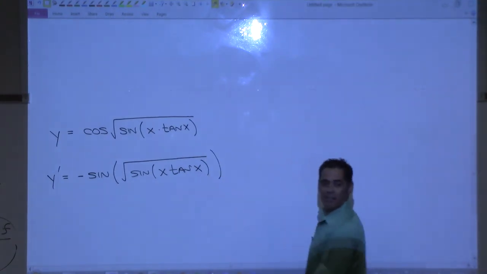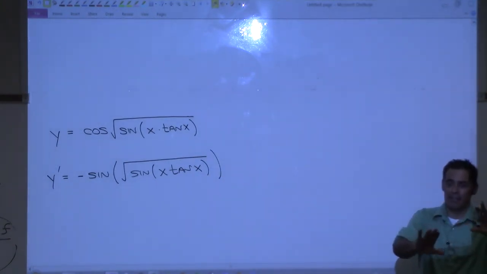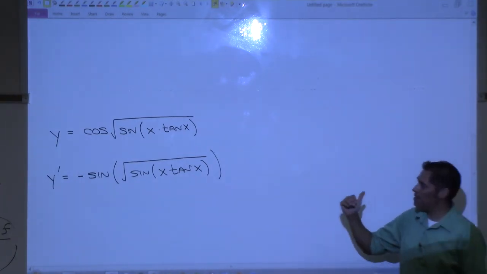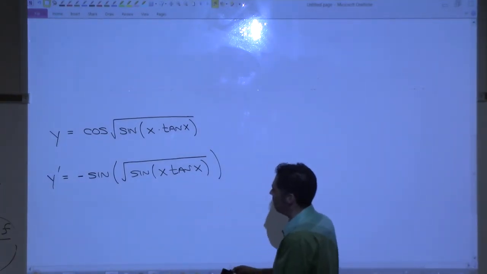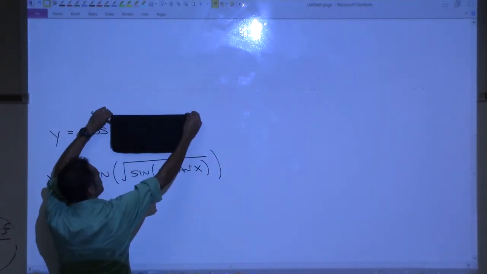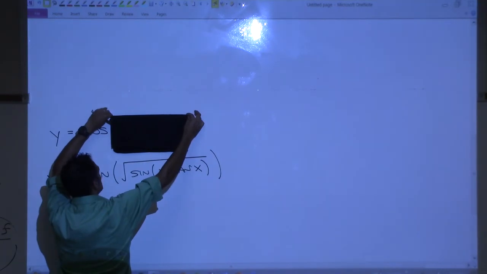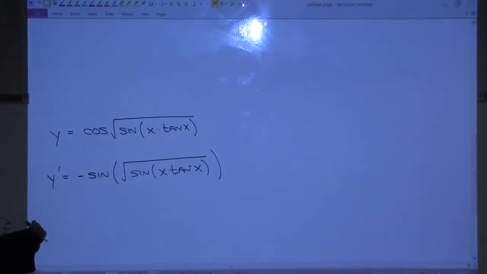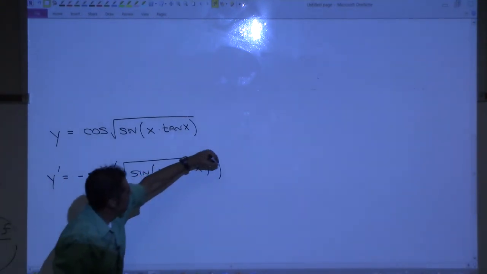And that's it, right? That's the beginning. I just wanted you to do the outside layer, yes? Everyone follow that? Derivative of cosine of the tau is negative sine of the tau. Now we move on, times.